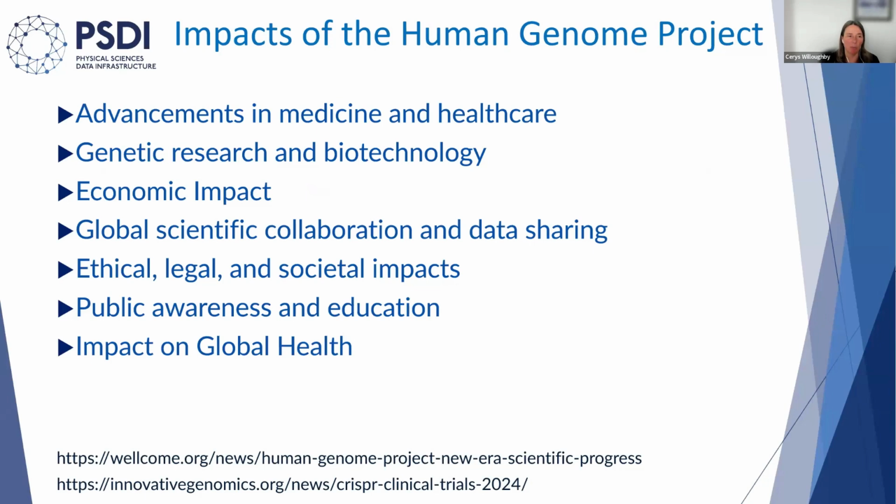So there have been important advancements in medicine and healthcare, particularly looking at personalized healthcare. So understanding somebody's genetic makeup can help to have targeted therapies, and it can help to make sure that the side effects from drugs are less impacted based on your personal genetics.